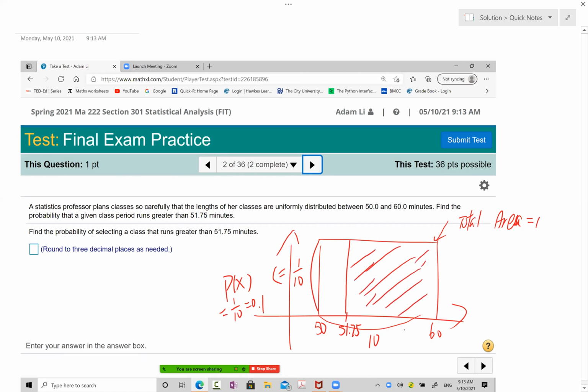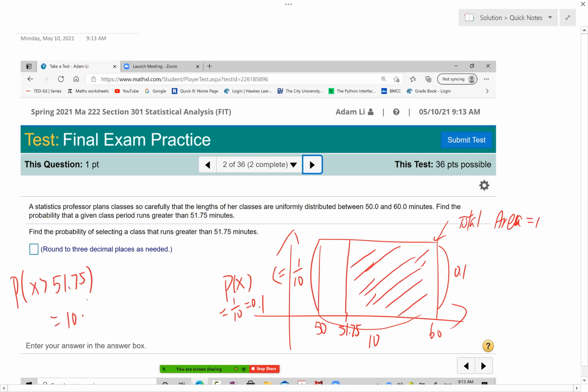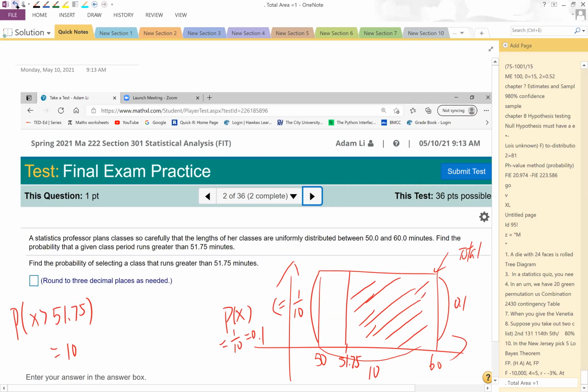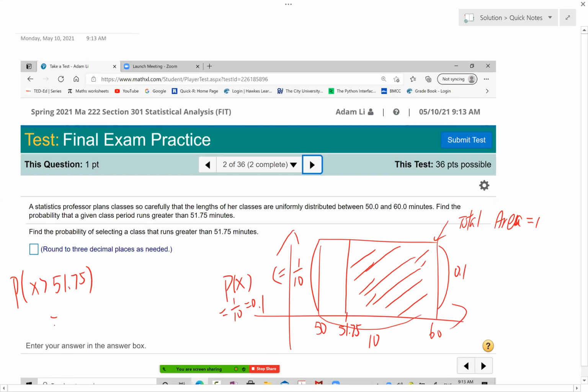So you're going to use the base times height, right? Height is 0.1, we just figured out. So the probability for a class greater than 51.75 will be the base, 10. No, the base is not 10 anymore. The height is 0.1. So it's going to be 60 minus 51.75, that's the base, times the height 0.1.